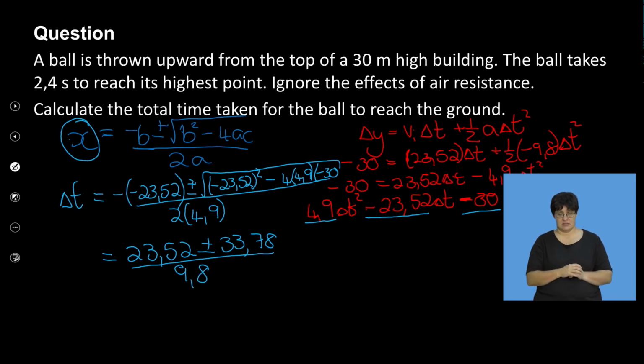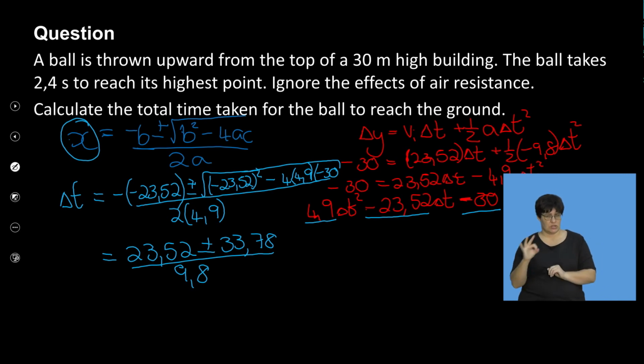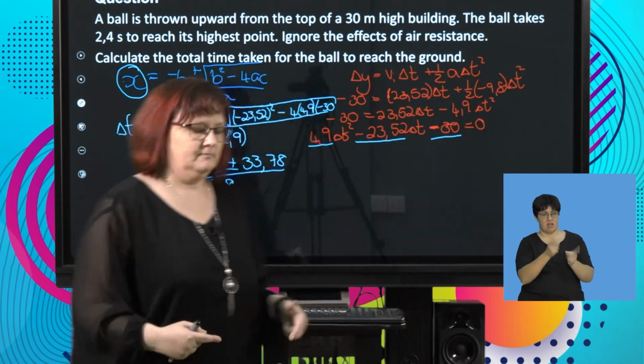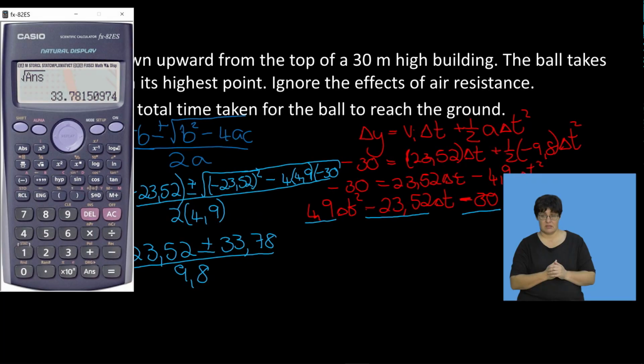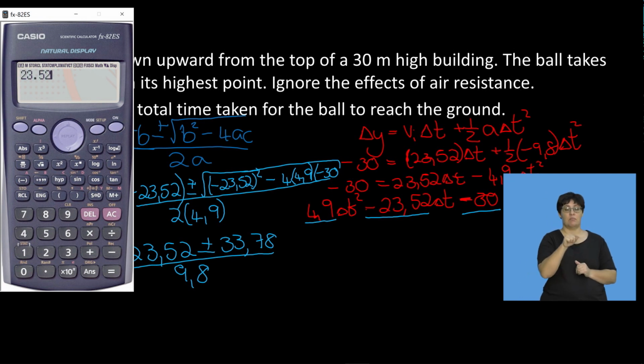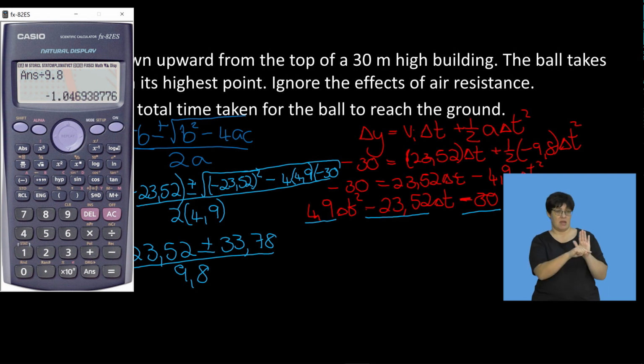Straight away, I'm hoping you recognize that I'm not going to go 23.52 minus the 33.78, because that's going to give me a negative answer. Watch, okay, just in case you don't believe me. So if I go 23.52 minus 33.78, and then I divide by 9.8, I get an answer that is minus 1.04.